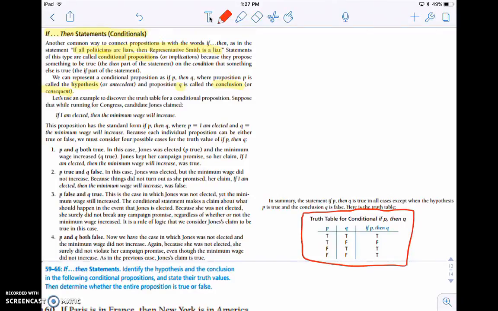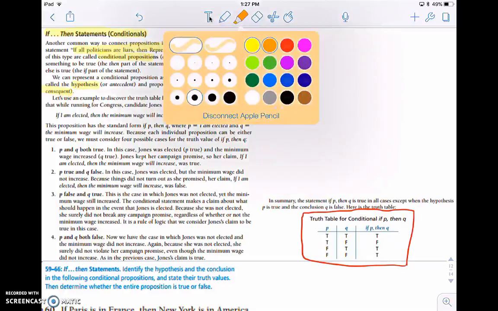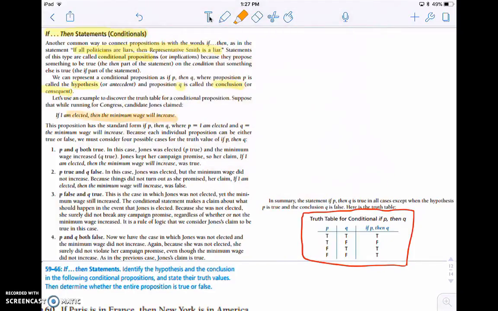So we're going to be looking at this conditional proposition or implication that says, if I am elected, then the minimum wage will increase. So our P is if I'm elected, and our Q is the minimum wage will increase. And it says that right here.